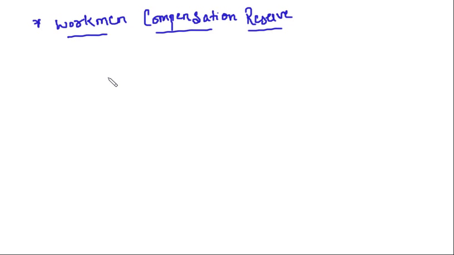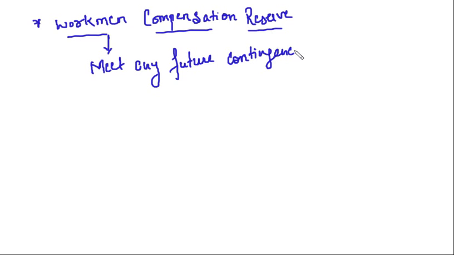This reserve is created to meet any future contingencies related to workers. You have many workers working in your factory, and you create this workmen compensation reserve to meet any future contingencies related to them.